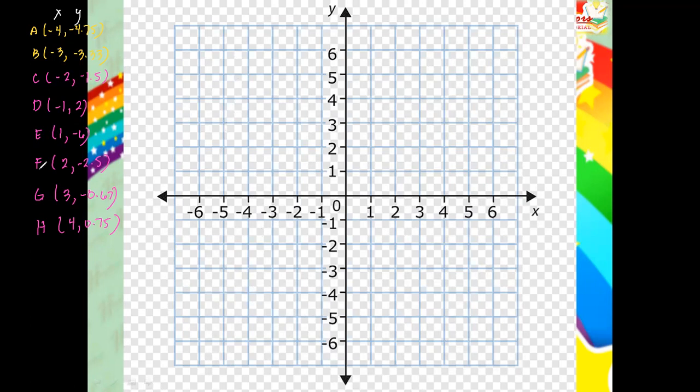It is here. So this is letter A. Let's label it. Next.